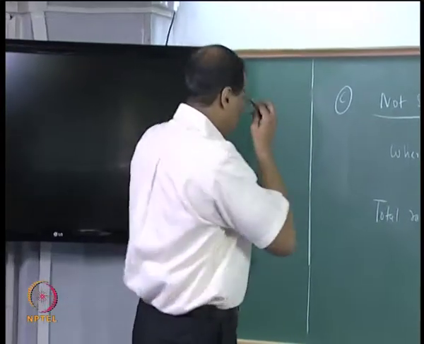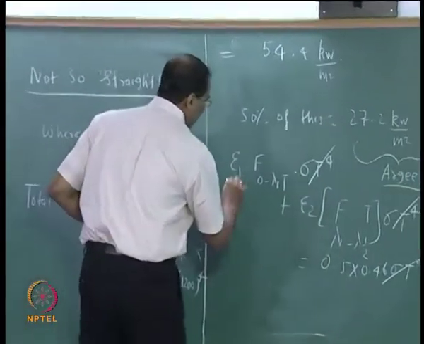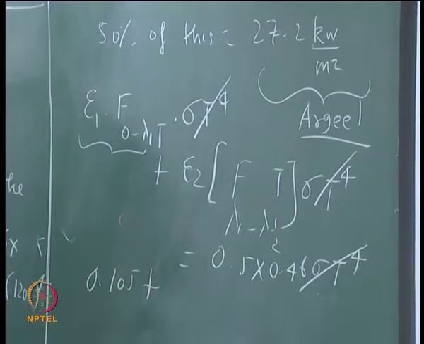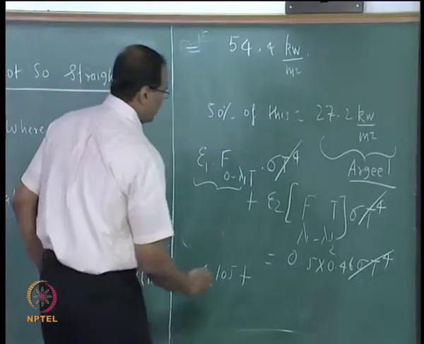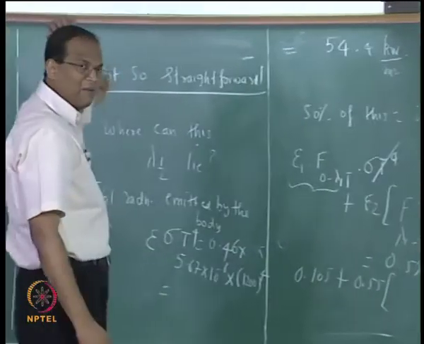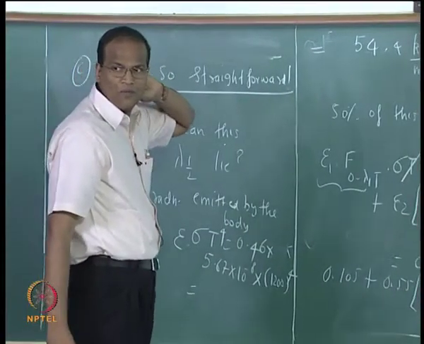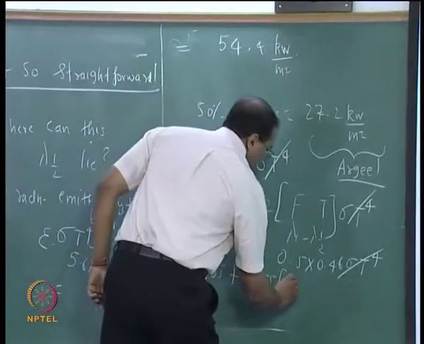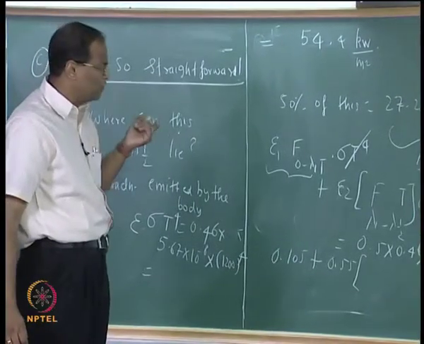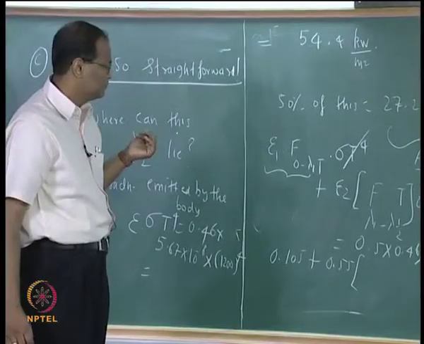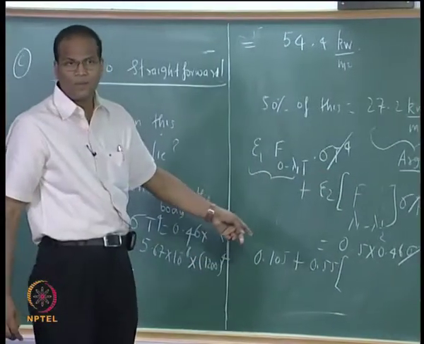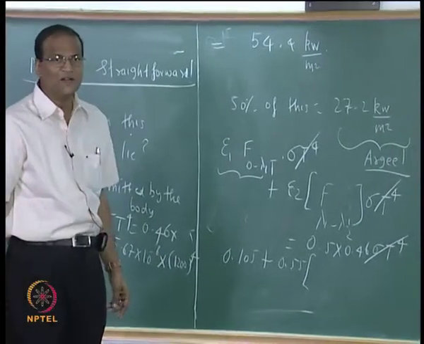Fine. Now can you do this? What is the first term? 0.105 plus epsilon 2, which is 0.55. What is epsilon lambda 1 lambda 2? Not 0.2, I do not know lambda half, right? 0.607, okay.